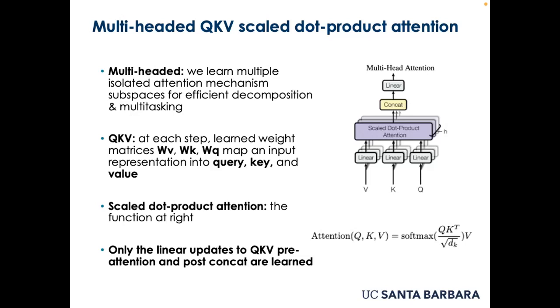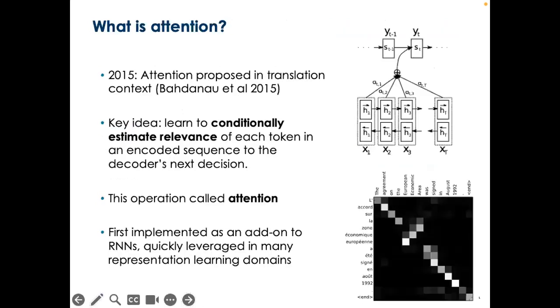Probably going to be high. What are we going to get for the importance of I to kicked? What are we going to get for I to the? What are we going to get for I to ball? And it goes through the entire sequence and computes this pairwise attention for every single one. That is where this attention matrix comes from. But this isn't showing the self-attention. This is showing the cross-attention. So that's the way that the correspondence gets computed.